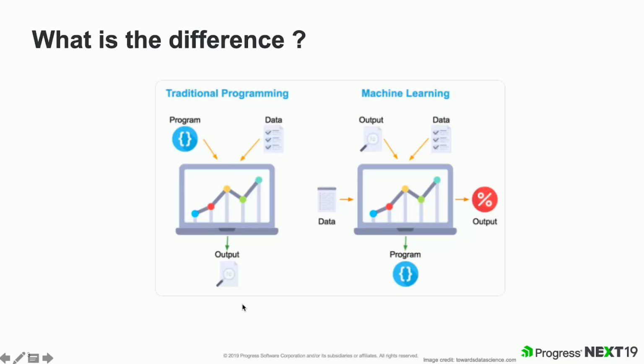Whereas in machine learning, it's the other way around. So you take both the input data, you take the output of the historical, run it through the machine learning algorithms, and let it tell you what will be the rules or what would be the program. So in this case, if you are building a predictive model, the program is going to be a prediction model, right? Once you build this on historical data, now you're passing data, the model gets applied, and what you get is the output, right?